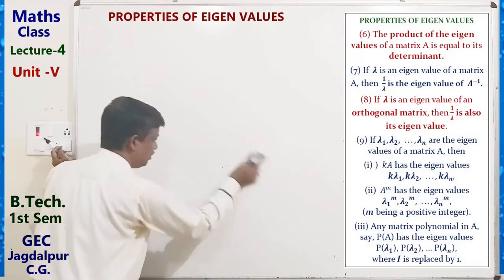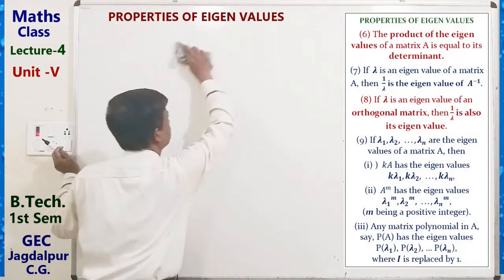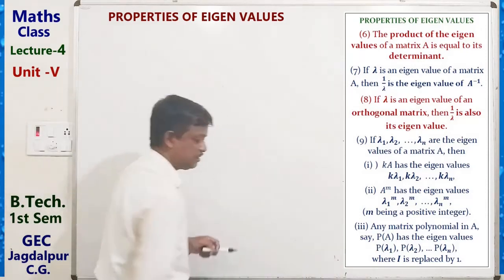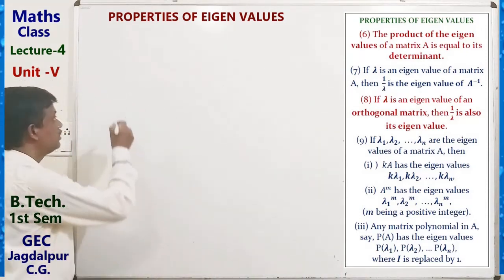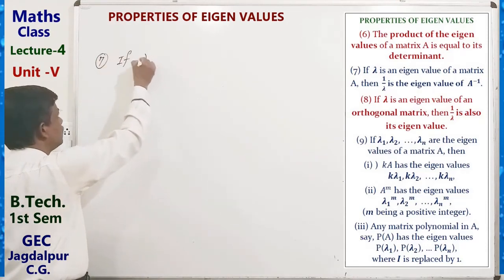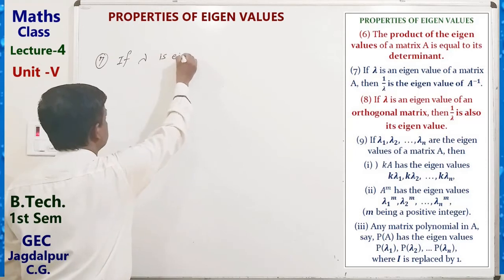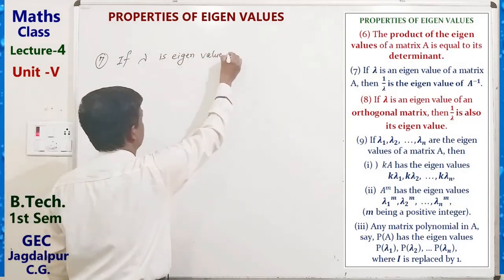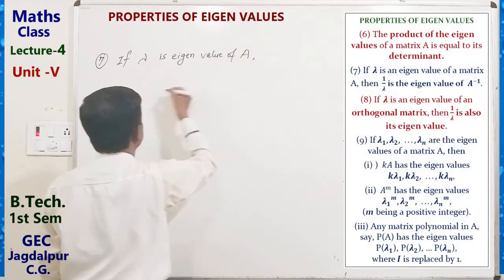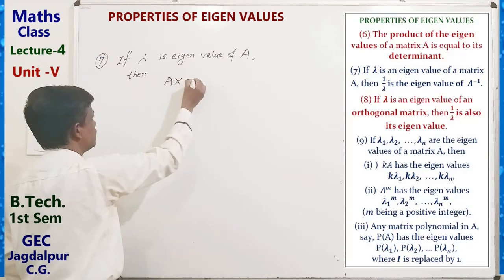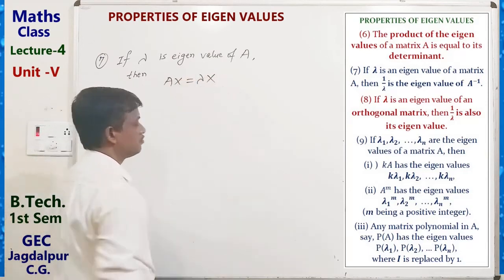So very simple, by using the transformation, we know: if lambda is an eigenvalue of A, then Ax equals lambda x.